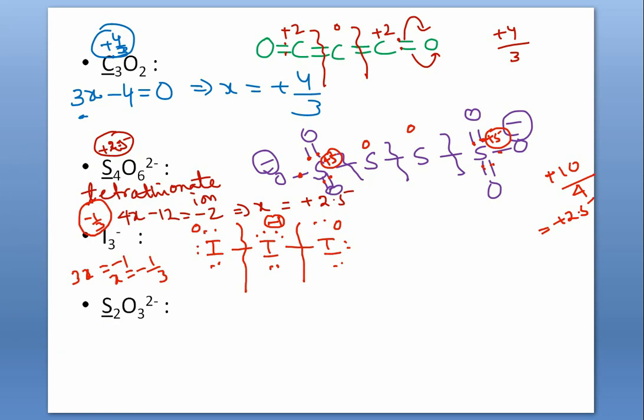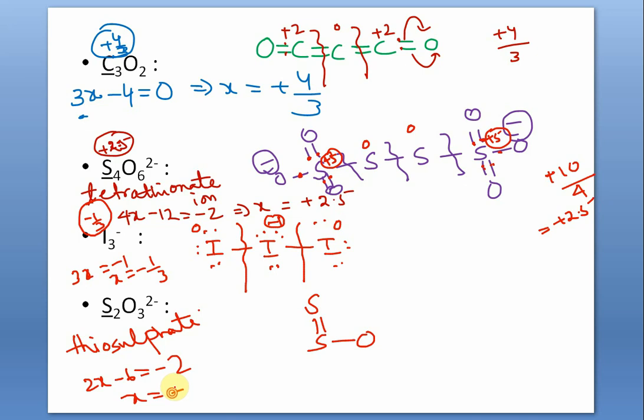Now, let us talk once again of thiosulfate ion, which I did tell about in the beginning, in the previous video. Now, thiosulfate is similar to sulfuric acid in structure, and in the X method we already know 2x minus 6 is equal to minus 2, x is equal to plus 2.